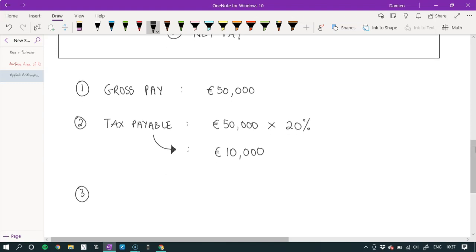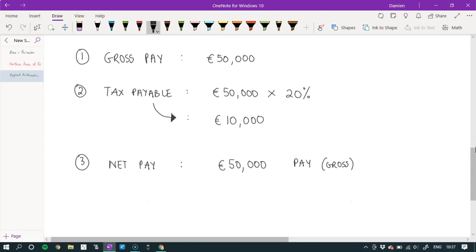Your net pay is the last one that it asks for. Your net pay is what you actually get into your account. So your net pay is your gross pay, which is 50,000, and you then have 10,000 that you're going to have to take away, because this is going to the government in tax.